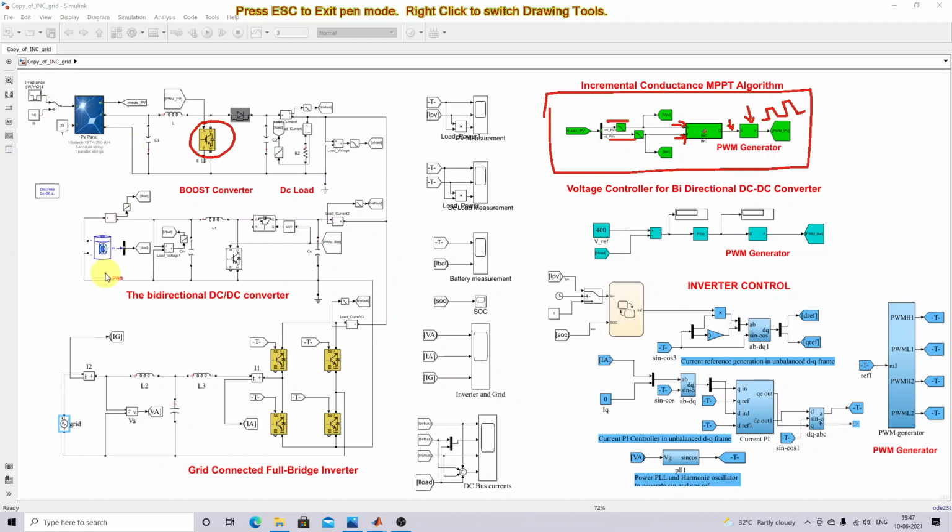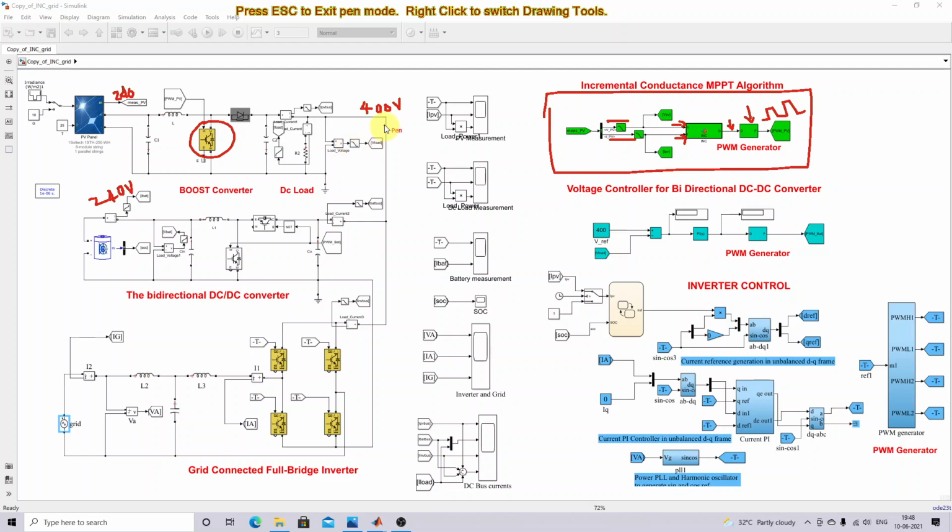Okay, now the maximum power extracted from the solar PV array is based upon irradiation and temperature. Then to control the battery and bidirectional converter, we are going to use the voltage controller for the bidirectional DC-DC converter, because here the bus voltage is maintained around 400 volt. The battery voltage is 240 volt, and the solar panel voltage is around 38, and then around 240, right?